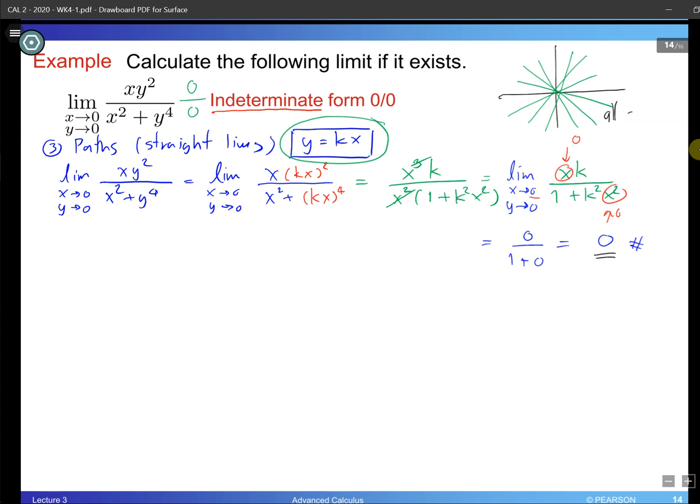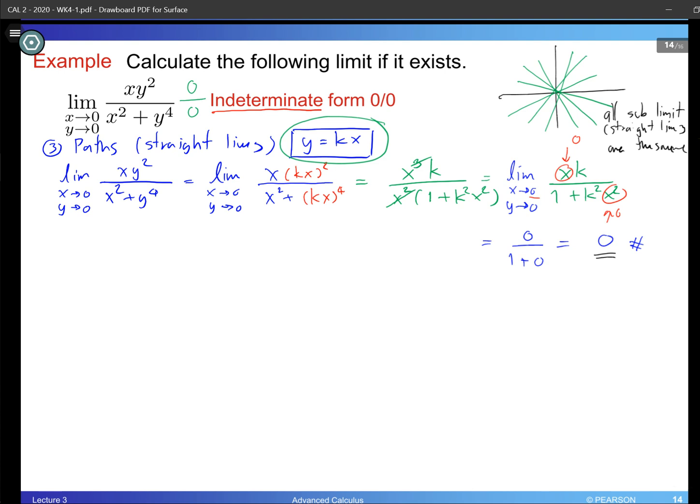All sublimits, along straight lines, are the same, and they are equal to 0 in this case. Alright, so straight line, good.